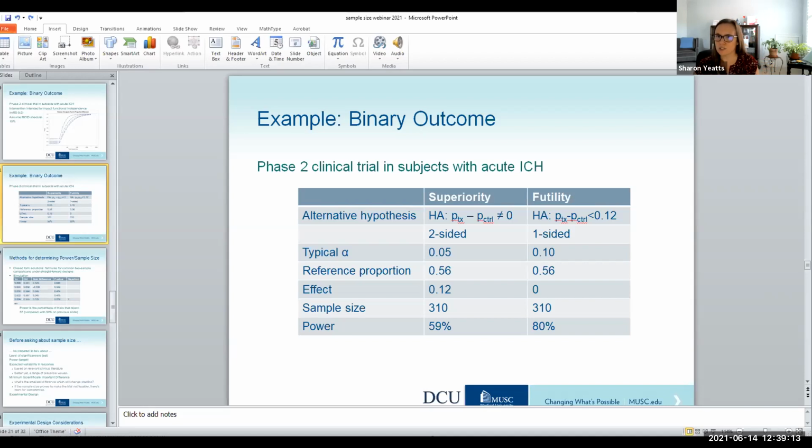The difference between what you're specifying here under the superiority alternative and here for the effect size is the same. We've just reversed them. But now in this futility case, with a sample size of 310 subjects, the same sample size, you have 80% power to declare the intervention futile if it actually is the same as the control.